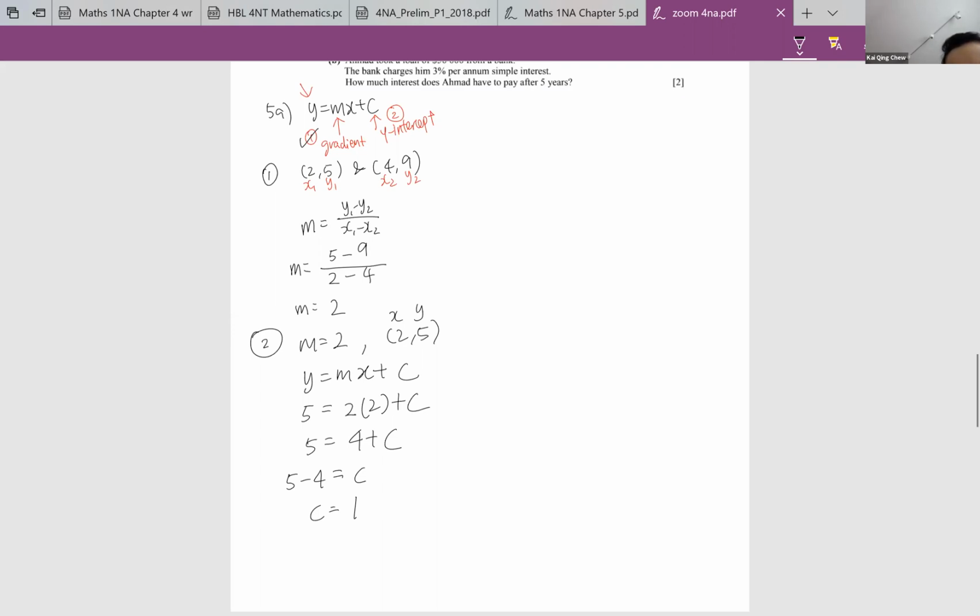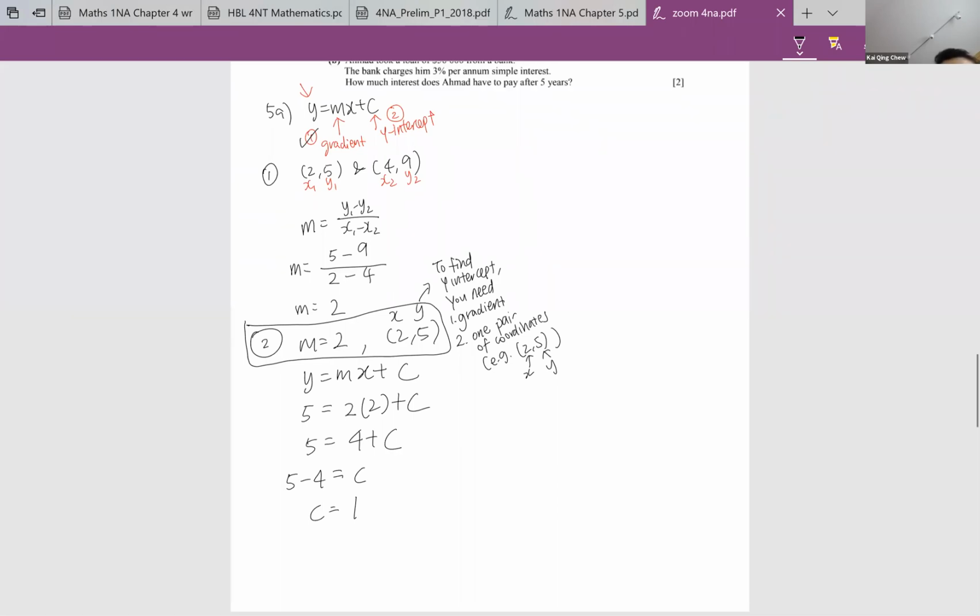To find the y-intercept, this is the recipe: you need the gradient, and you need one pair of coordinates. For example, (2, 5) is a pair of coordinates, with your x and y. So this is a quick recap for finding the y-intercept.